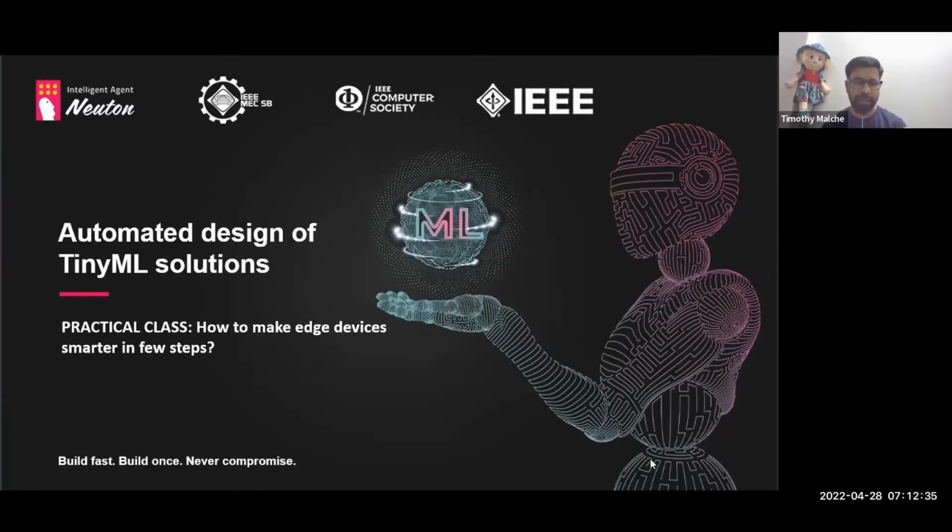When you talk about the Neuton TinyML platform, you have to remember three phrases: build fast, build once, and never compromise. This is the theme behind the Neuton TinyML platform. Whenever you are building any solution, keep in mind that using Neuton you can build fast, build once, and never compromise, because the machine learning model that you build using Neuton can fit almost all resource constrained devices.